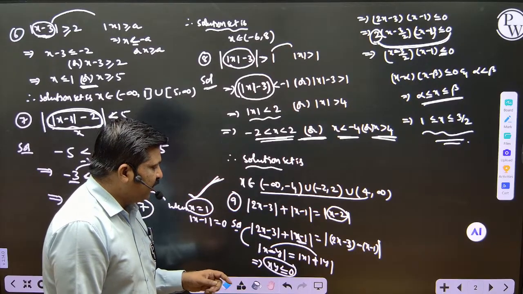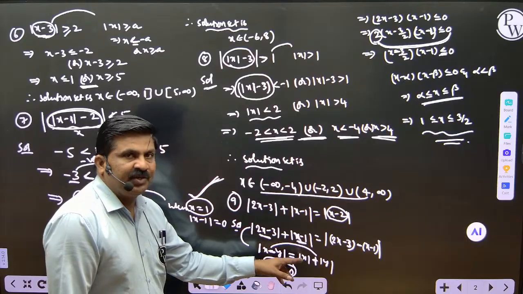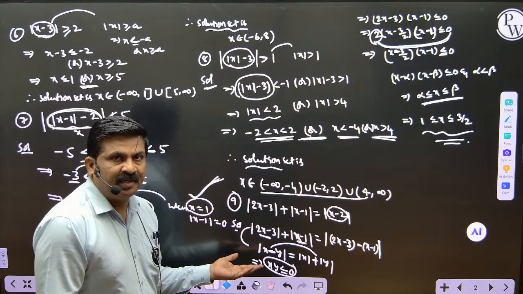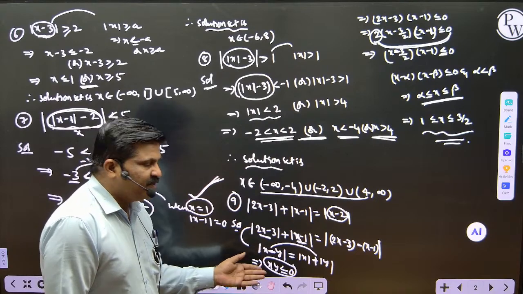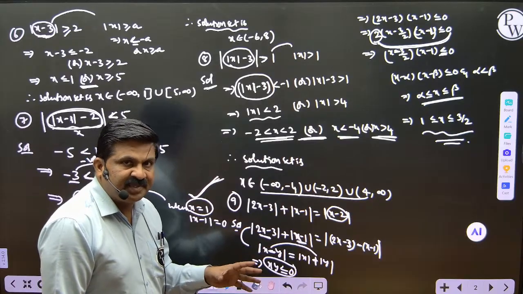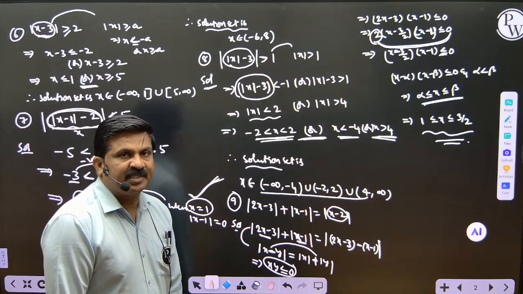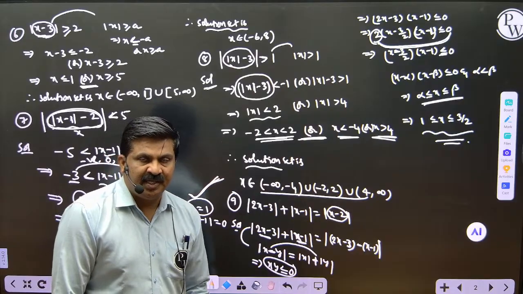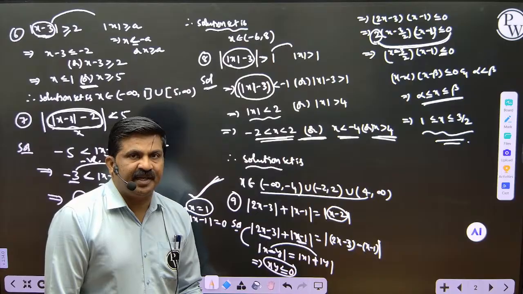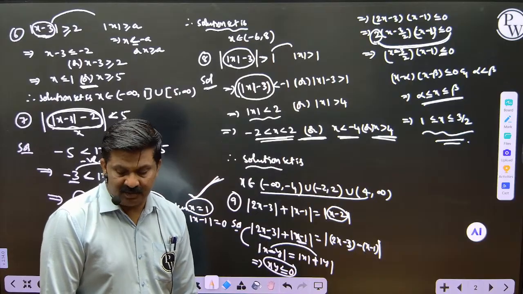Here the sign is negative, here it is positive, so both have opposite signs, and for opposite signs you must take xy less than or equal to 0. For same signs, you must take xy greater than or equal to 0.